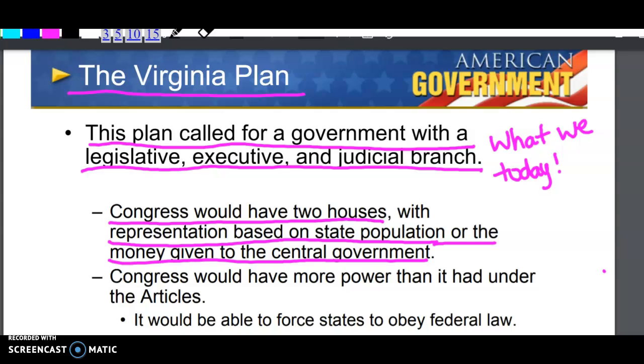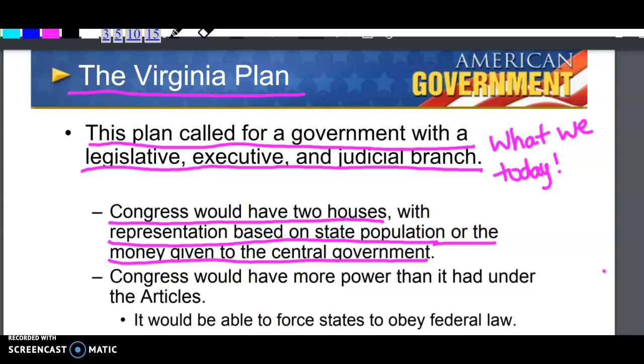So your representation could be based on your state population or how much money your state gave to the federal government. This is the plan that they were submitting to the delegates, to the framers, and to the other people in attendance at this constitutional Congress.